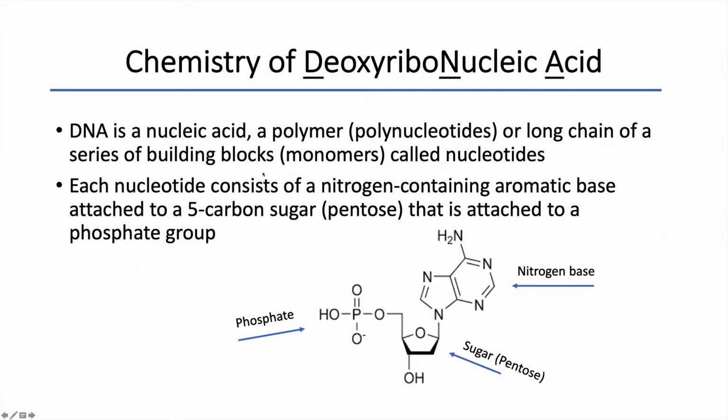DNA is a nucleic acid, a polymer, a polynucleotide, or long chain of a series of building blocks, monomers, called nucleotides. Each nucleotide consists of a nitrogen-containing aromatic base. It is attached to a 5-carbon sugar called a pentose, and those two molecules are attached to a phosphate group.